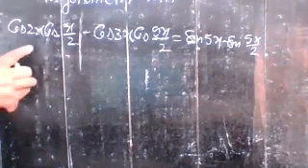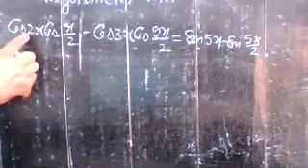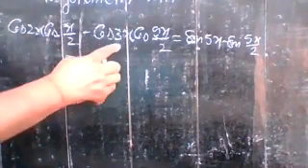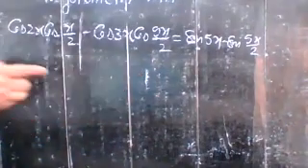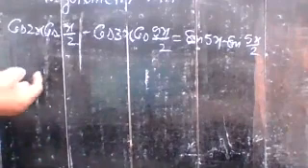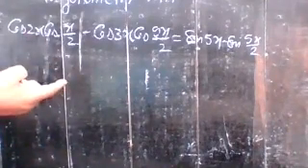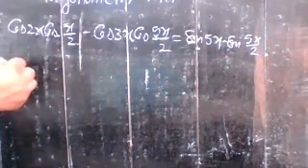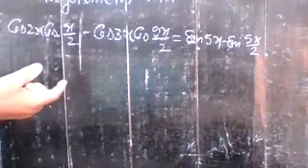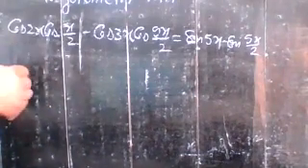Just listen, beta. When you take the left side, it is given cos 2x cos x by 2 minus cos 3x cos 9x by 2, but there is no identity like that. You have the identity 2 cos x cos y. So what you do is divide and multiply by 2 here.